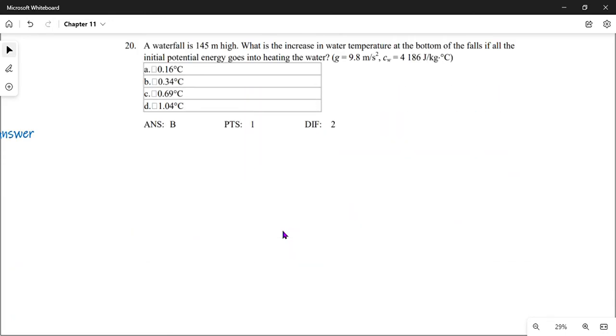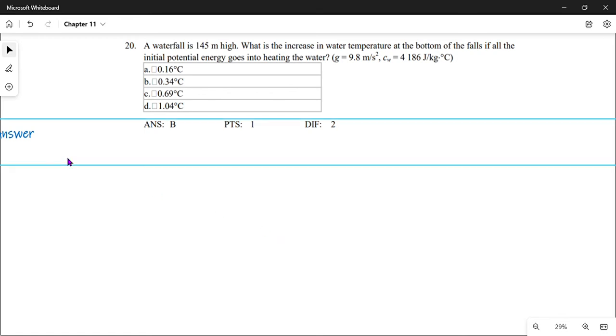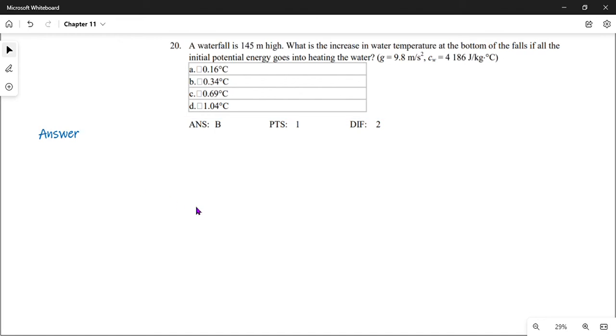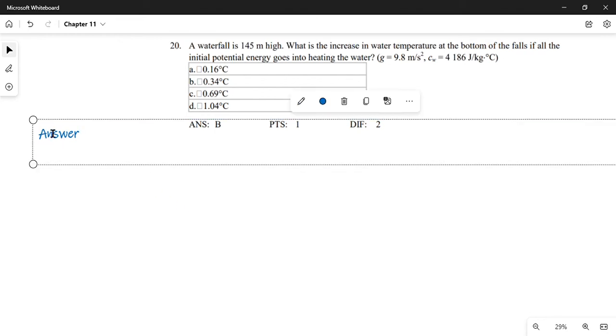Question number 20. Delta T, he wants to know the change in temperature.